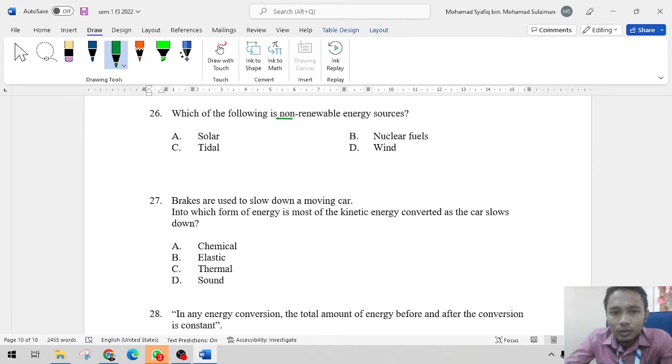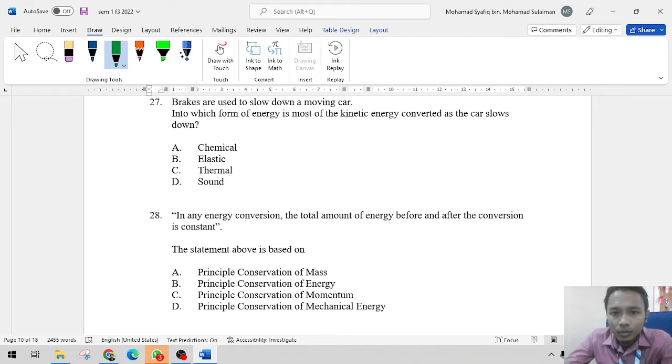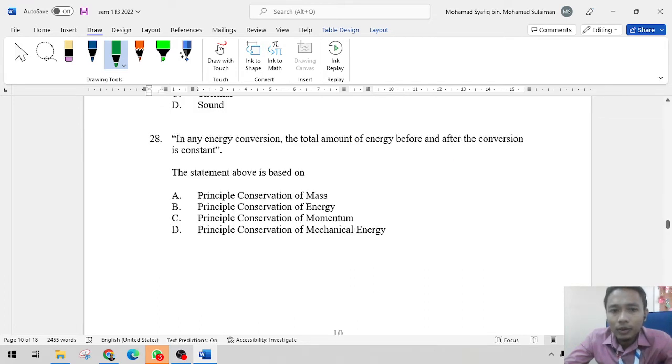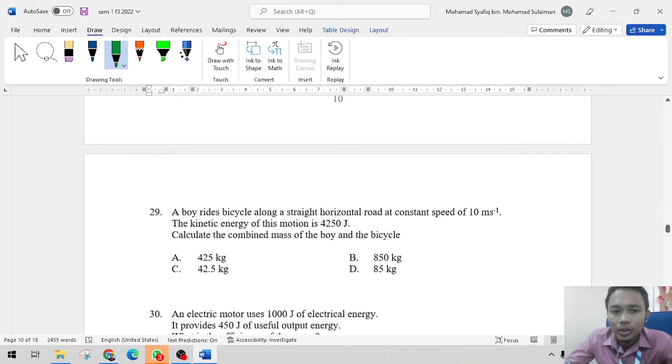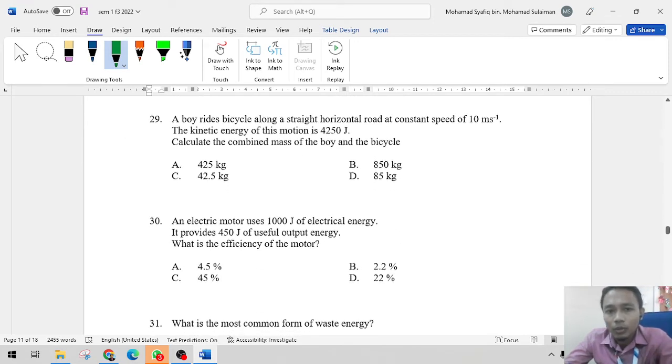Brakes slowing down a moving car, so kinetic energy into heat or thermal. Number 28, we have energy conversion, the total amount is conserved, so it is the principle of conservation of energy. Number 29, riding a bicycle, we have the speed and the kinetic energy, to calculate the combined mass.